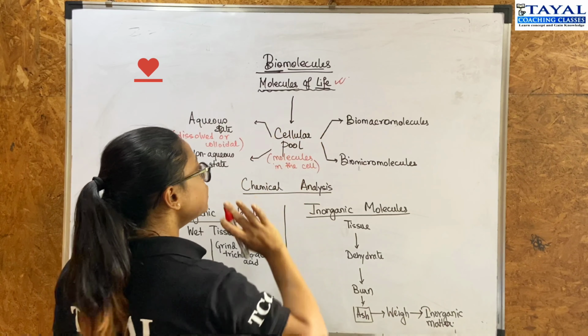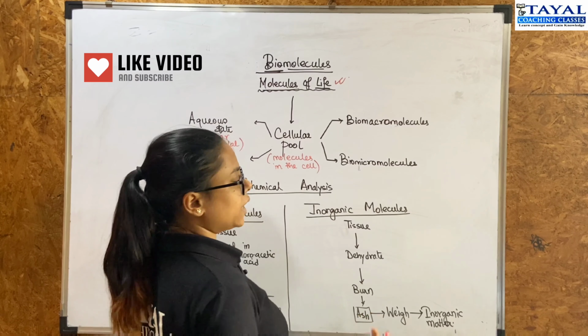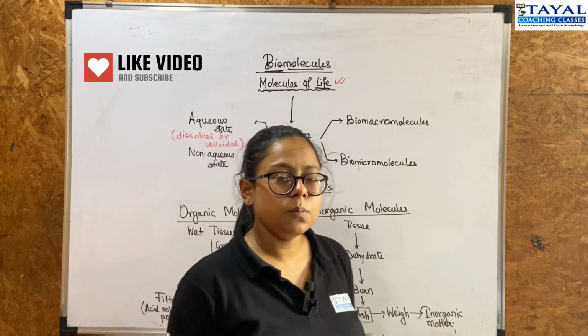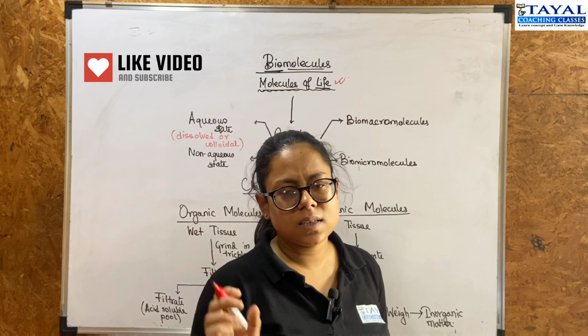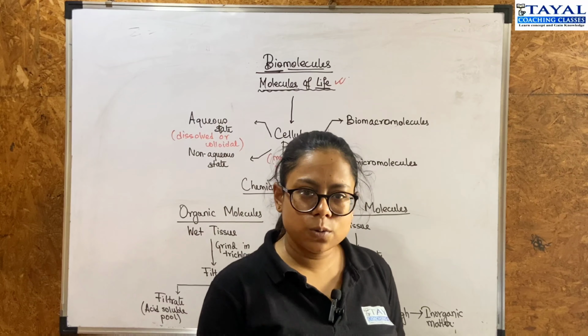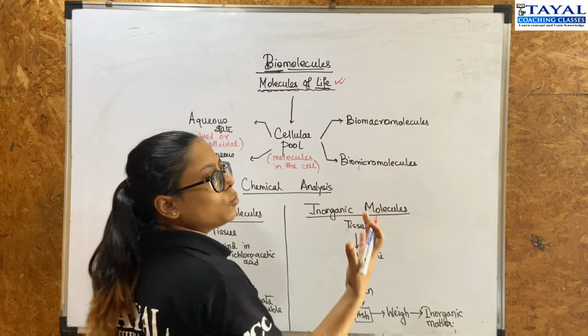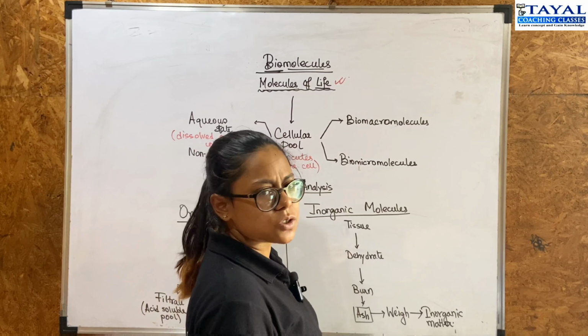Now, coming to by size, if we were to classify, then we classify them on the basis of Daltons. Dalton is the size unit which we use to measure molecules, macro and micromolecules in biology as well as in chemistry.